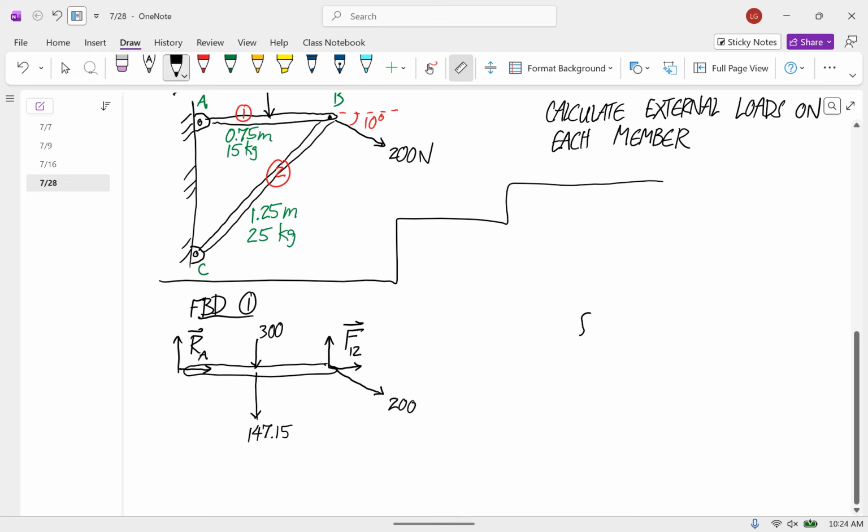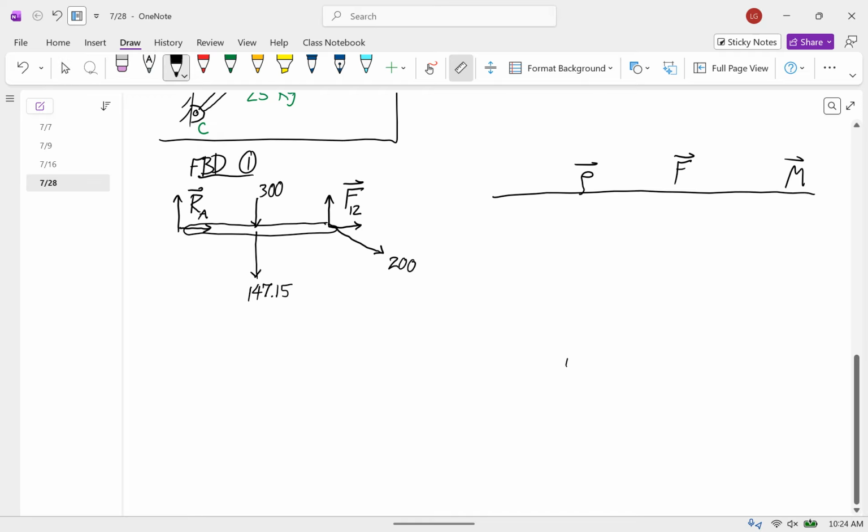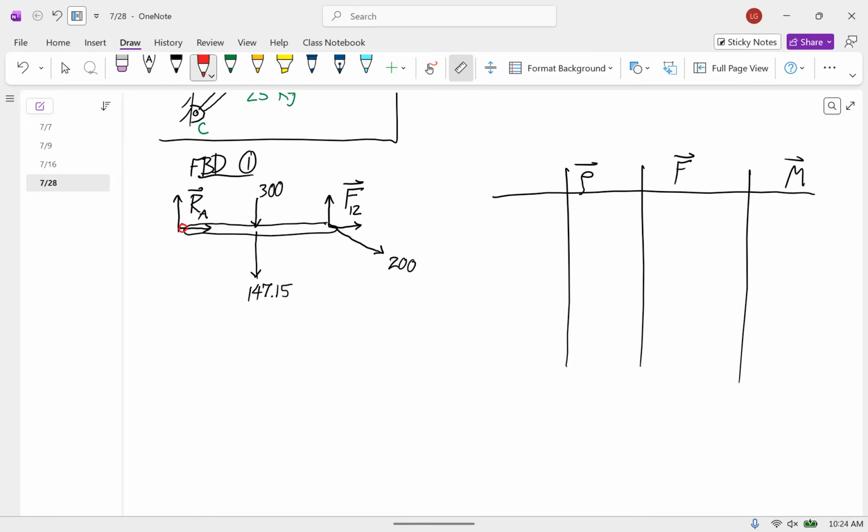So now I'm going to go to the table. And we need to choose an about point, and it doesn't matter where you choose that. I'm going to put my about point over here. So I'll start with the force RA that is happening at the about point.